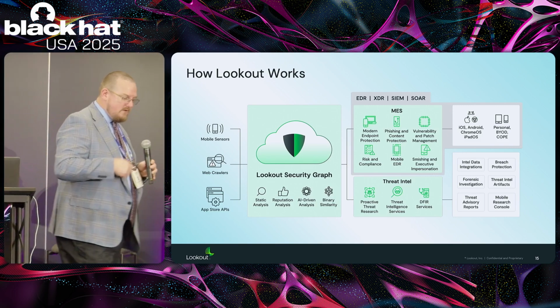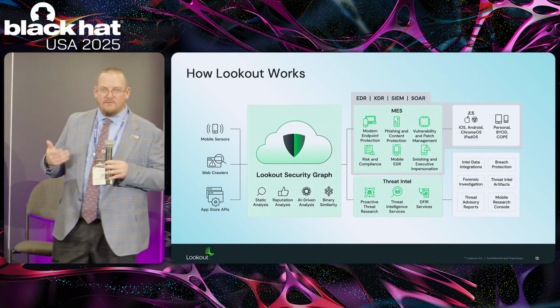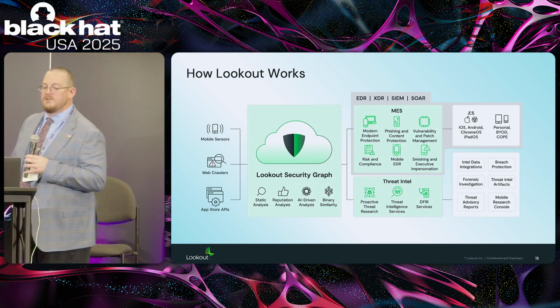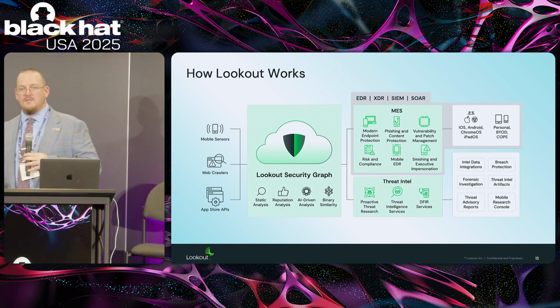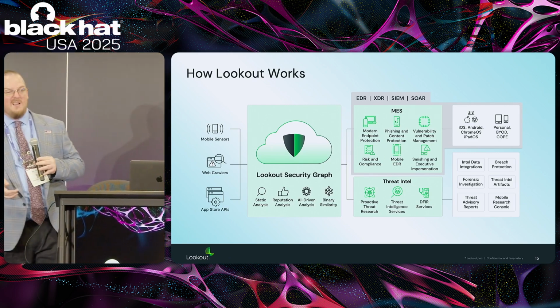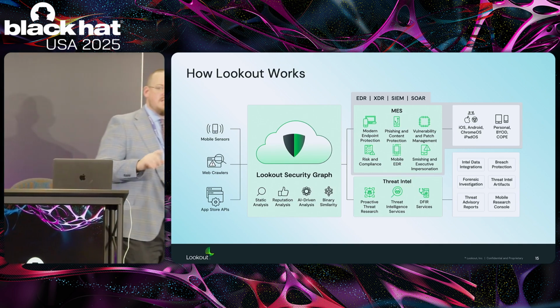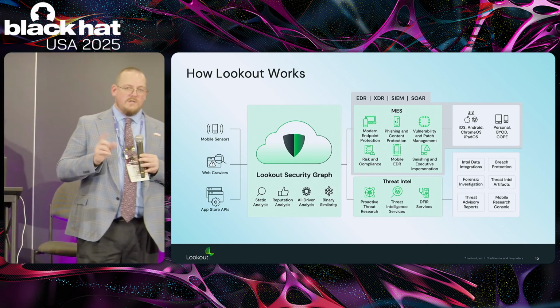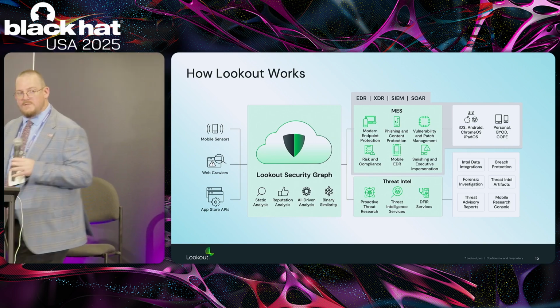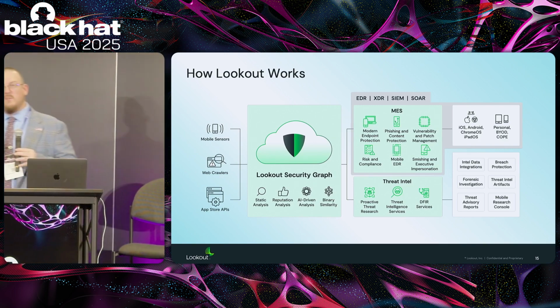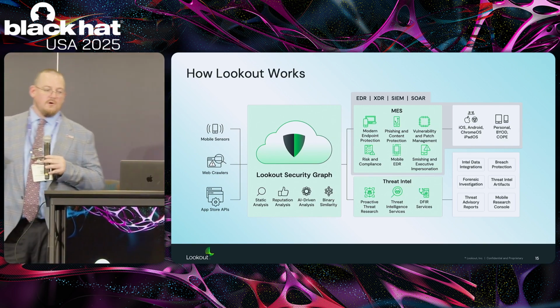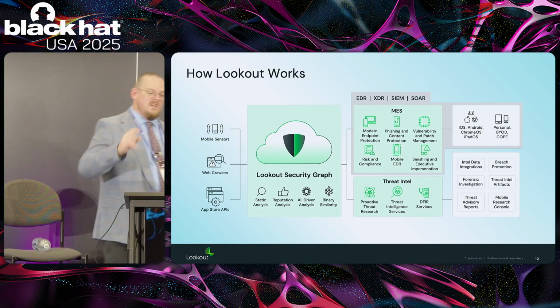Now, of course, this all gets churned up by our threat intelligence team and turned into threat intelligence. It's not just indicators of compromise, hash values, and C2 information, but also the contextual aspect of what this threat actor is doing from a campaign perspective. How are they using mobile in order to get into that larger enterprise environment?